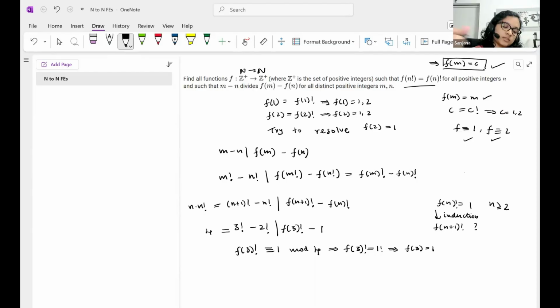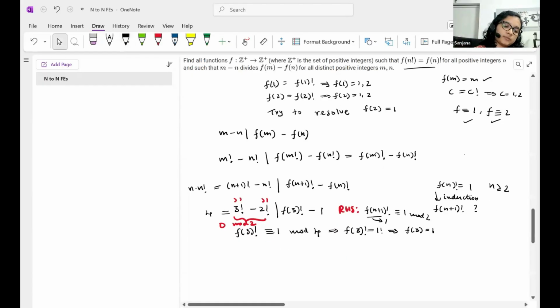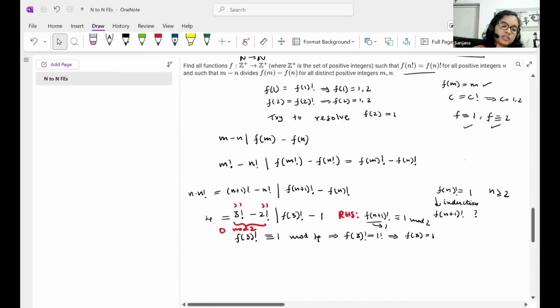Yes. So the point is, over here you get something divisible by 2. If both of these numbers are greater than 1, here this is 0 mod 2. But then on the RHS, you'd get f of n plus 1 factorial congruent to 1 mod 2. And this gives that this is also 1. So basically, if f of 2 is 1, then everything after that is 1.